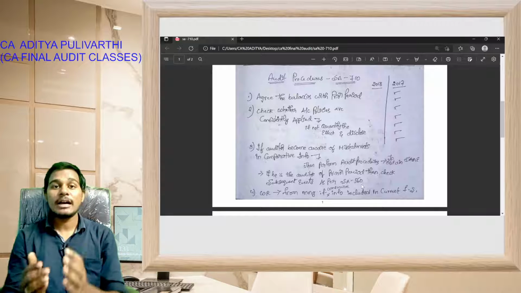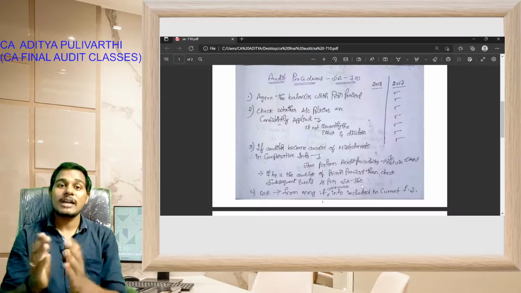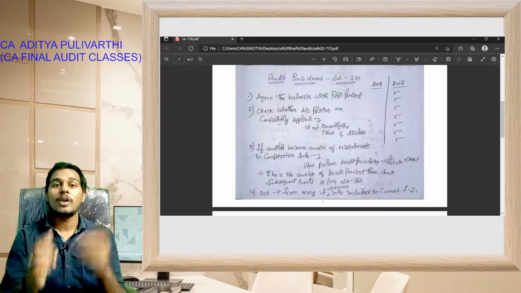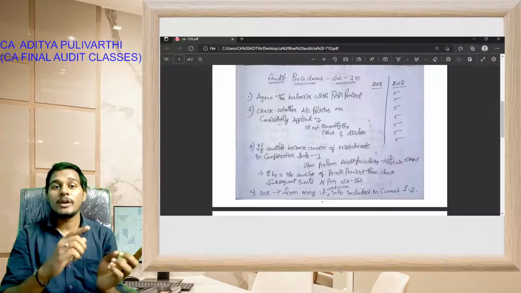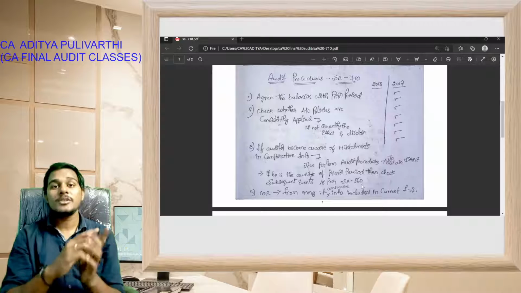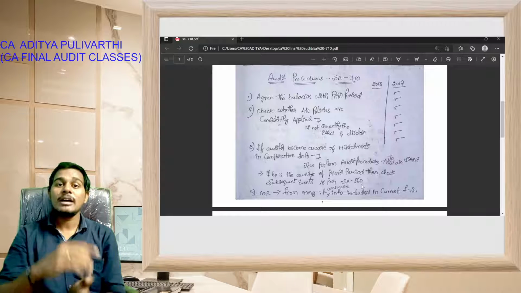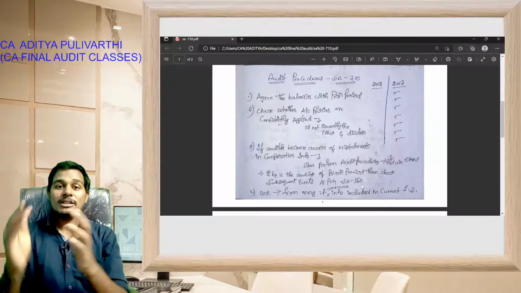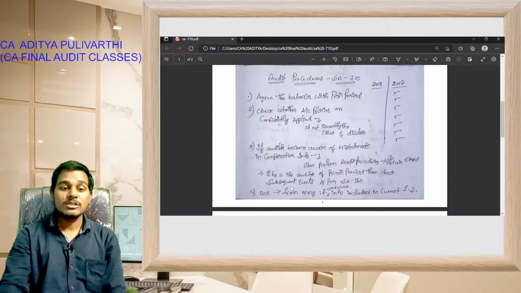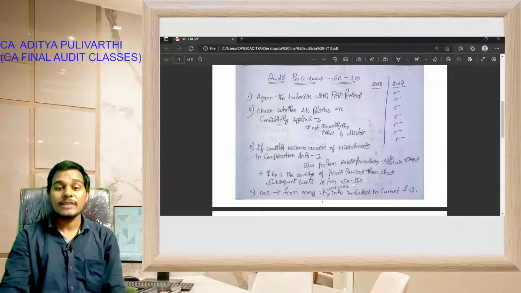After issuing the modified opinion because of misstatements in the comparative information of the previous year, he will check whether the misstatements have been resolved or not. That is what subsequent events as per SA-560.